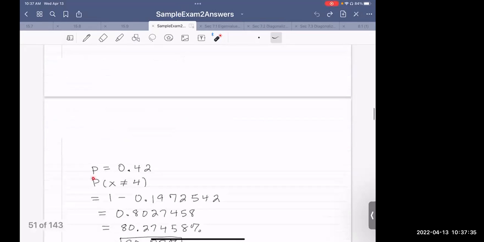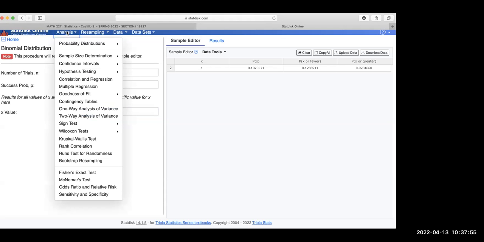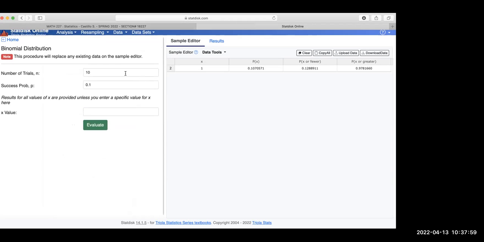12, p equals 0.42. I want to find the probability that x is not equal to 4. And so let me do that. Let's go up to analysis, click on probability distributions and binomial distribution.